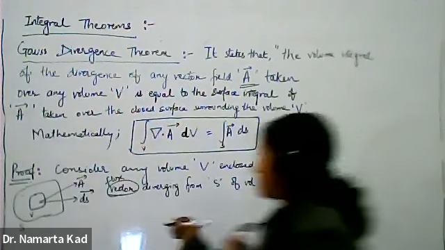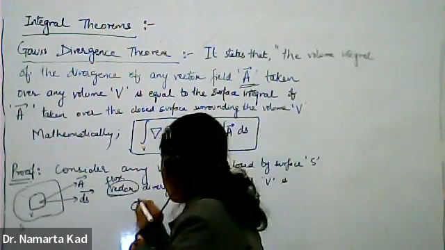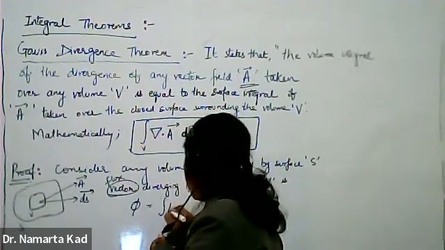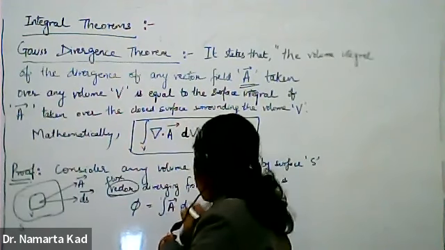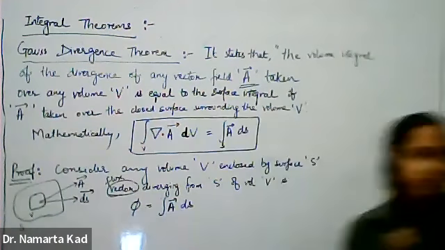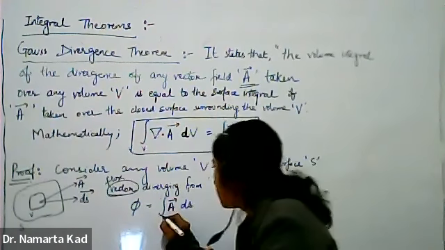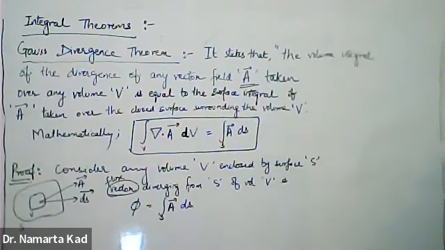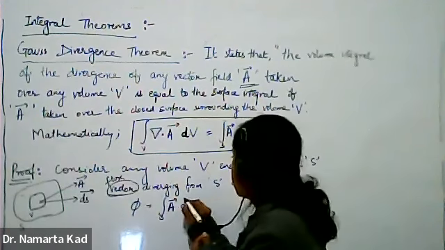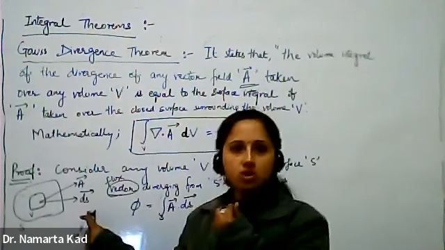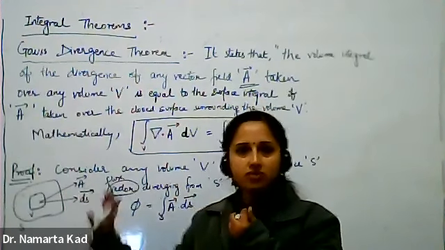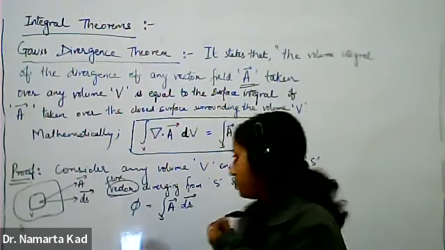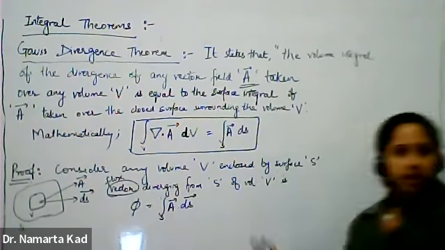So this can be written as phi is equal to the surface integral of A dot ds, because here ds is also a vector that is diverging from this small volume. So phi is equal to A ds.